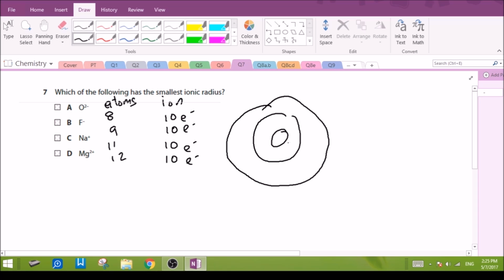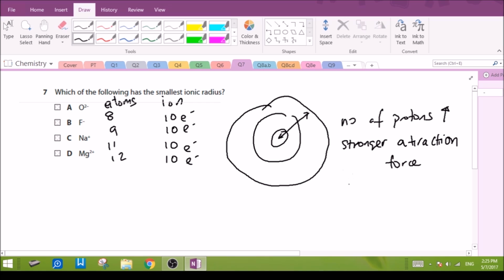So what affects their radius then? That will depend on the number of protons in the nucleus. The larger the number of protons, the stronger the attraction force between the nucleus and the outer electrons.